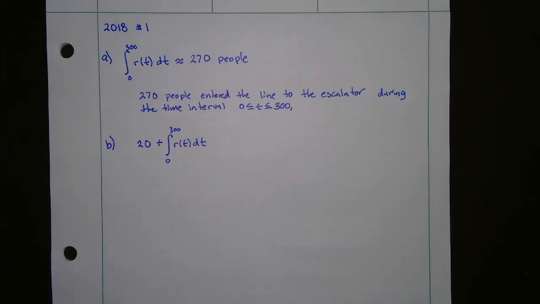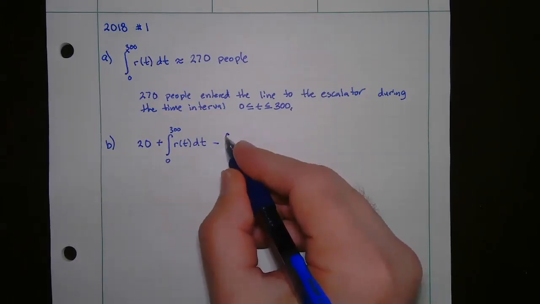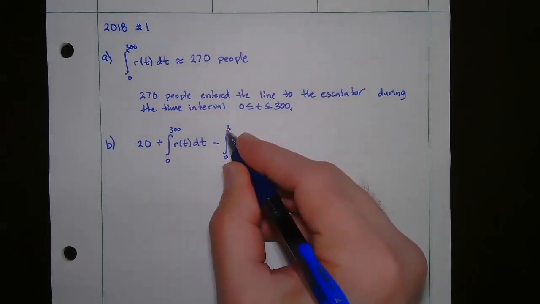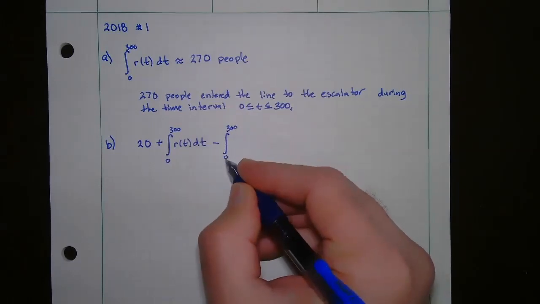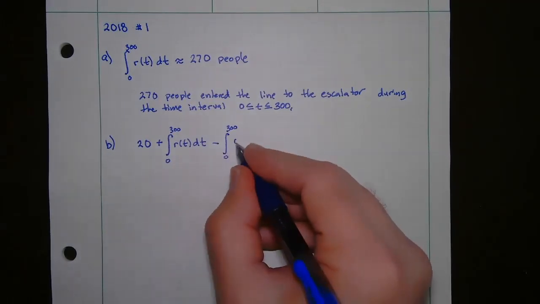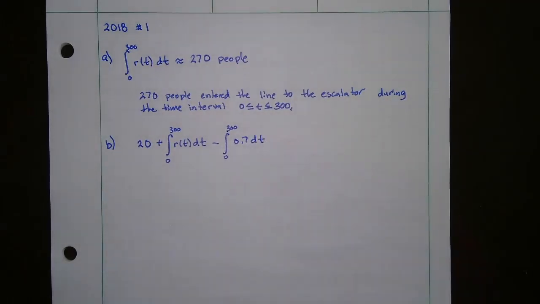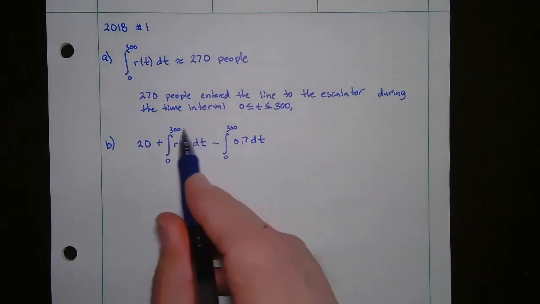But some of those people have been removed. So we need to subtract the integral from 0 to 300 of the rate at which they're being removed. And it said it's a constant rate of 0.7 person per second. So 0.7 dt.